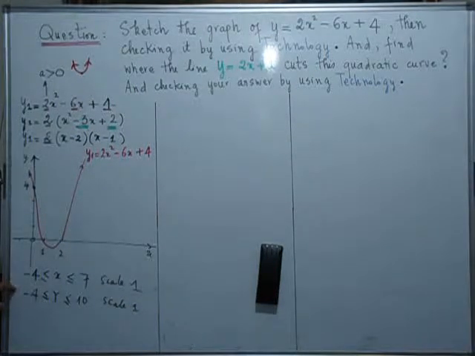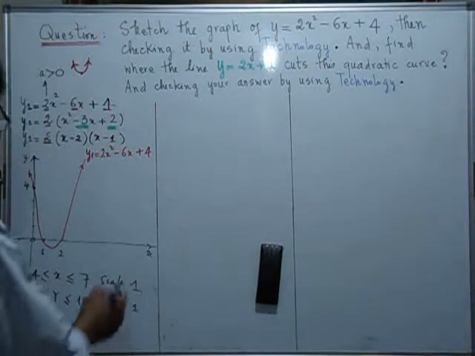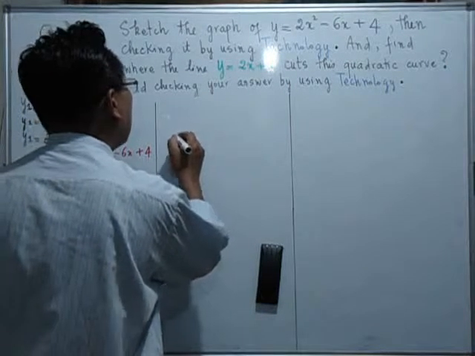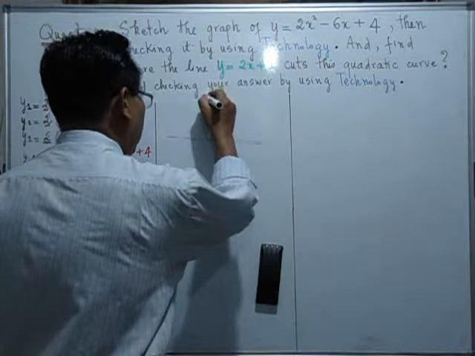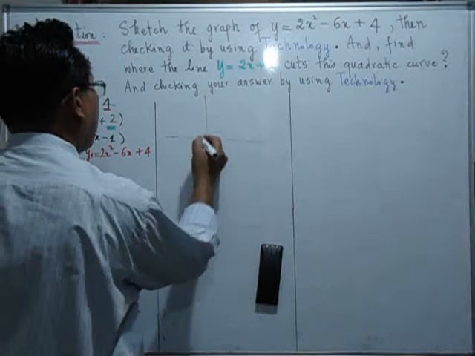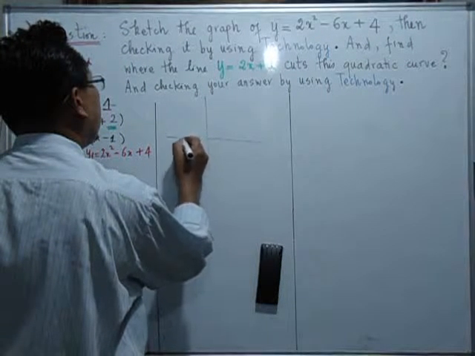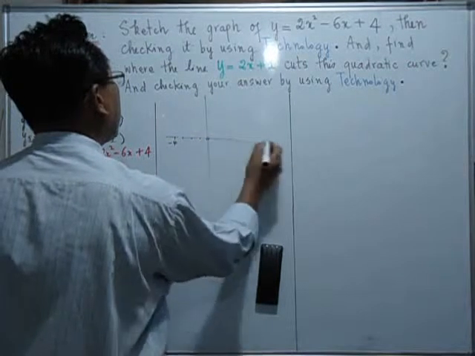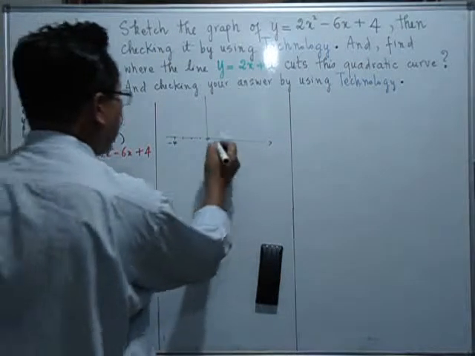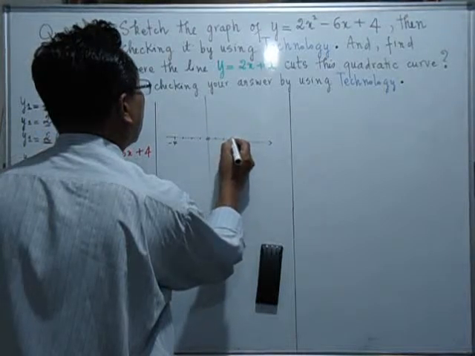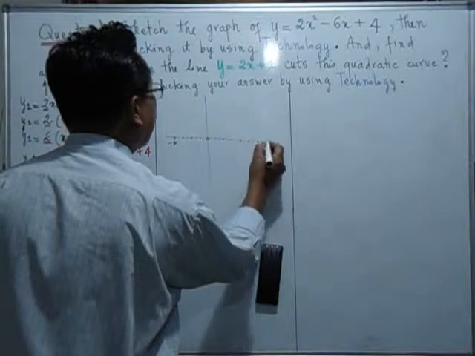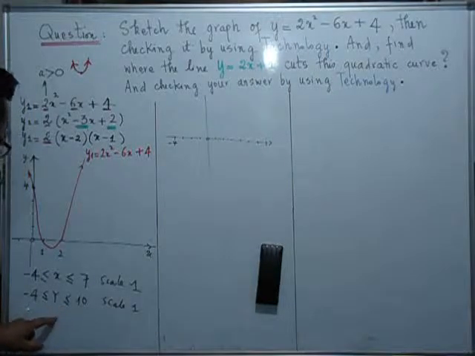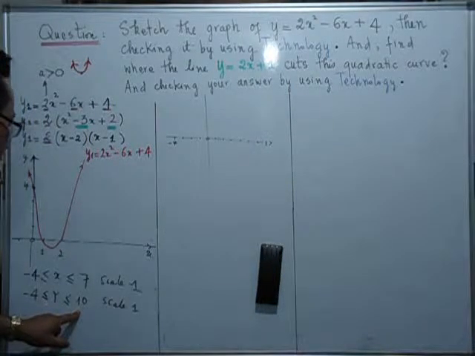From the origin, we have 1, 2, 3, minus 4 going to the left, and 1, 2, 3, 4, 5, 6, 7 going to the right.